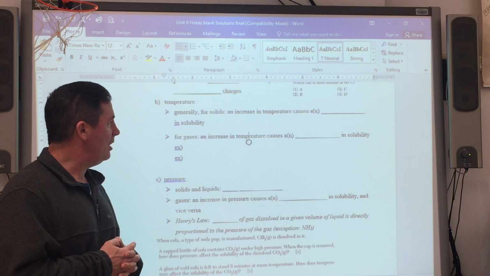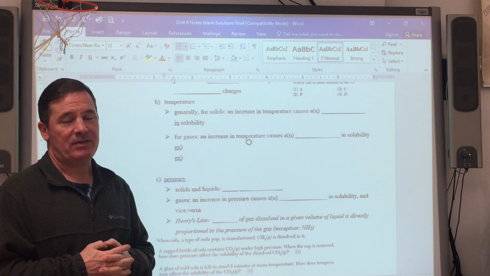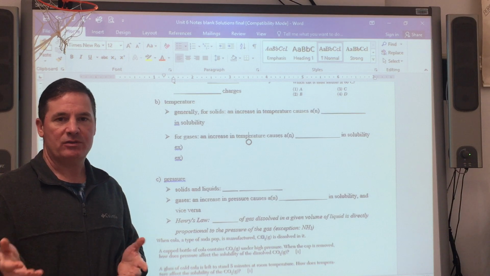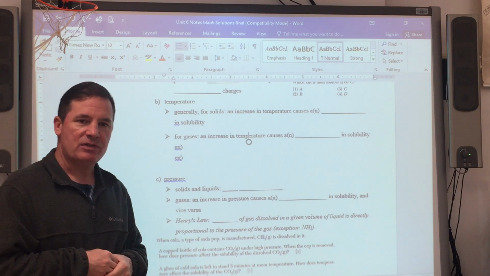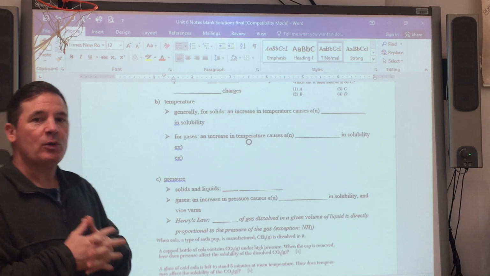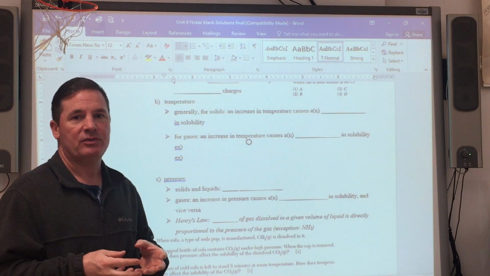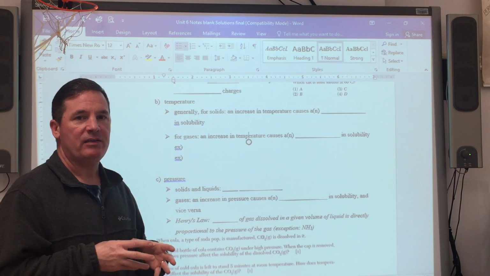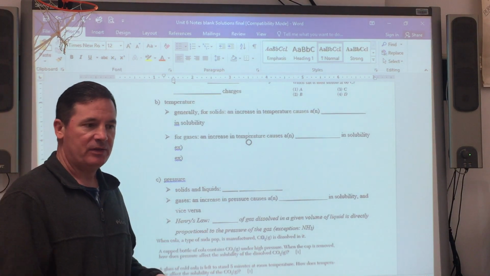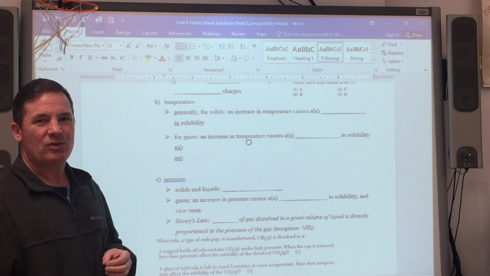But the opposite is true with gases. In gases, when you increase the temperature, and we talked about soda, you're going to have fewer gases able to be dissolved in there. That's why when you leave a soda out on the counter, it's going to get flat.